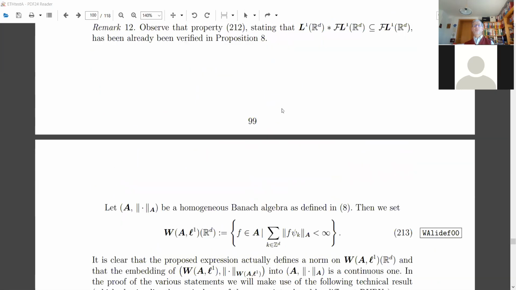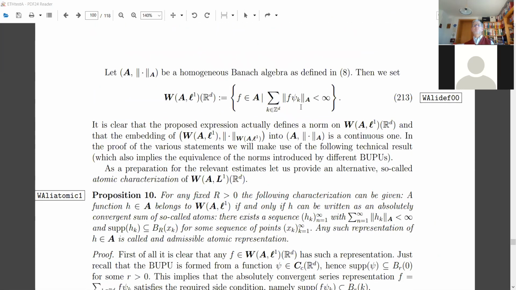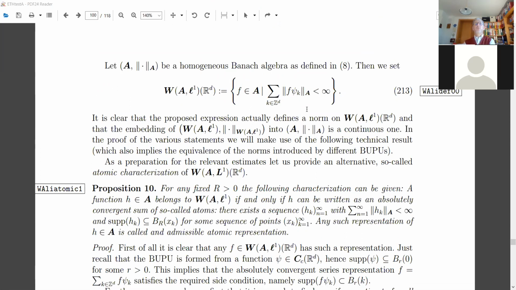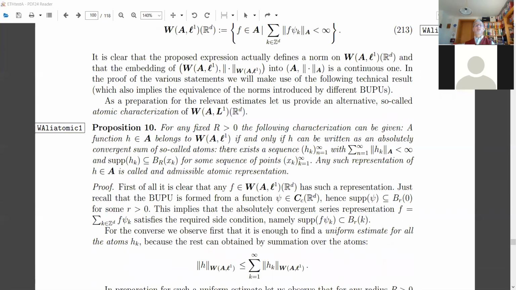But at first sight, we have the problem that this may depend on the choice of the partition of unity. And the answer is, this is a harmless problem. In the script you have, or still the proof, you can show independence of the concrete partition of unity, but it can be obtained from the more general atomic decomposition, which I have also done already.